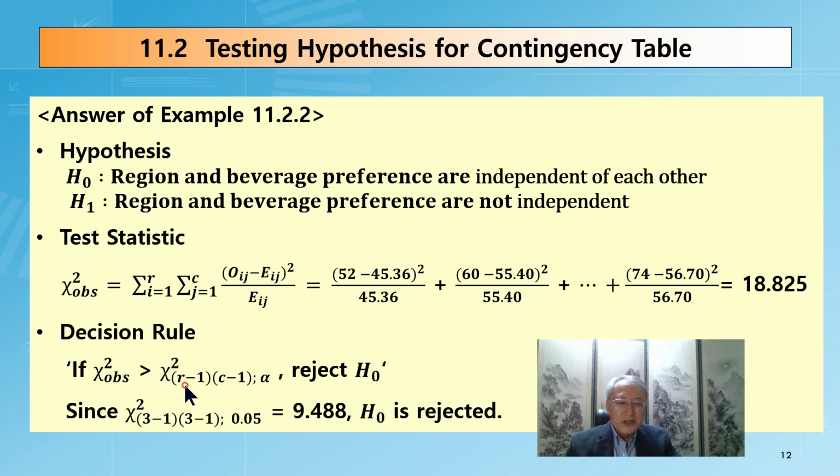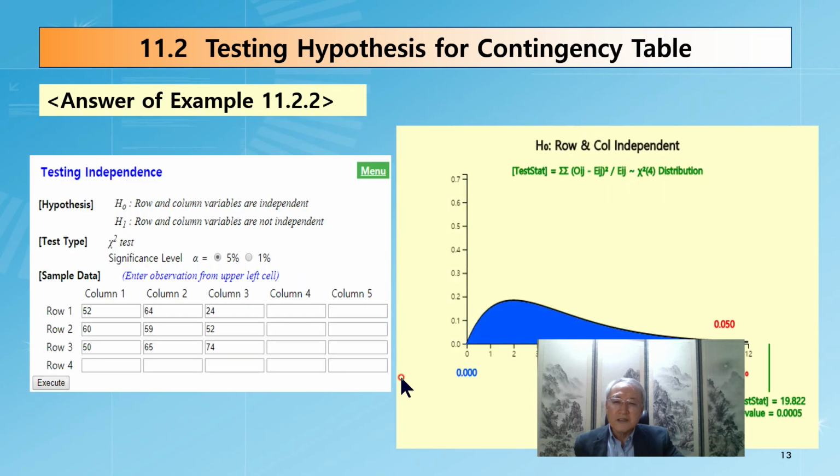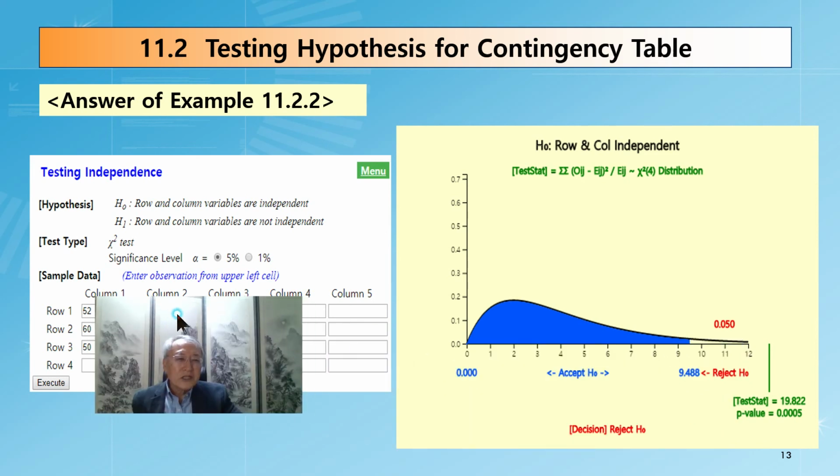In this case we have 3 rows and 3 columns. Therefore, you are supposed to use chi-square with 4 degrees of freedom, looking up the 5 percentile. The right tail is 9.488. But your calculated test statistic is larger than this one. Therefore, H0 is rejected. Now you can plug in this number in the East and New module. Then this chi-square 4 distribution shows that the test statistic is in the right corner, beyond the critical line. Therefore, H0 should be rejected.